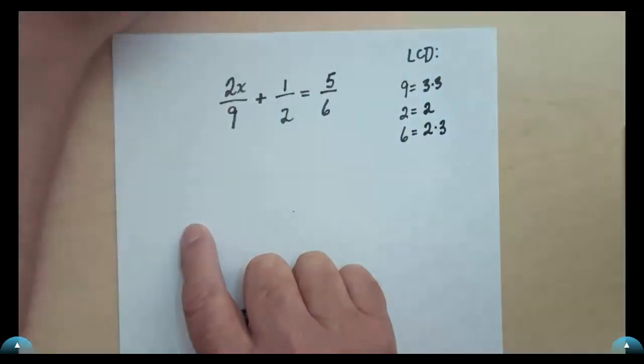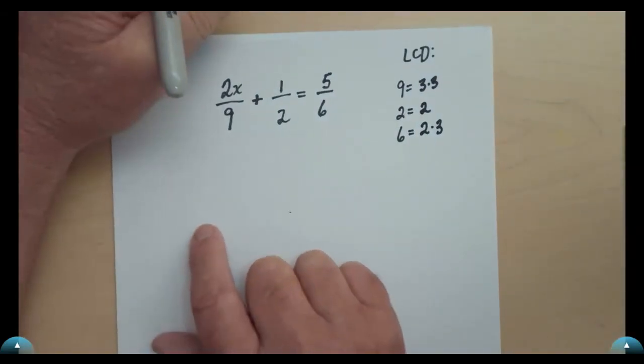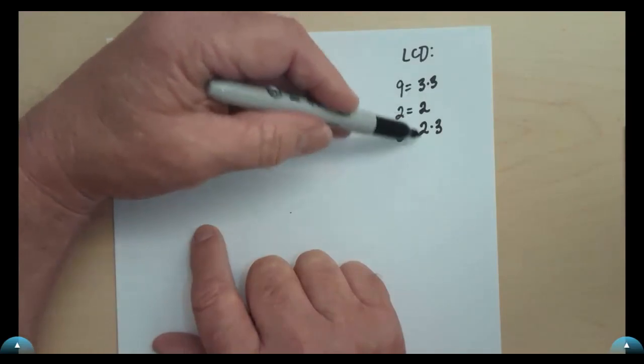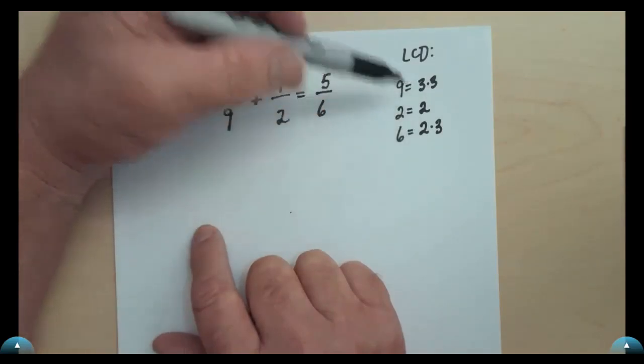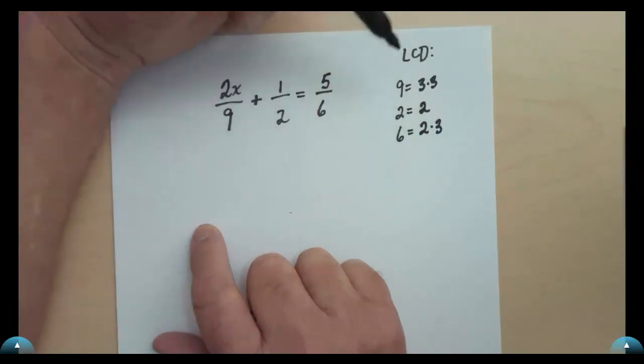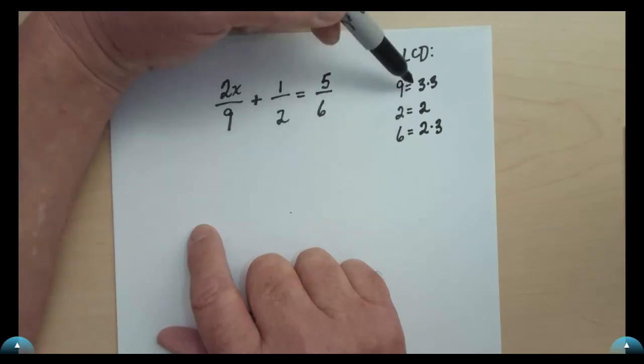The technical way to find the least common denominator is to write out what are called prime factorizations, where you break the factors down all the way to prime numbers, and then take the biggest number of occurrences of each prime factor. So we only have factors of 2 and 3 here.